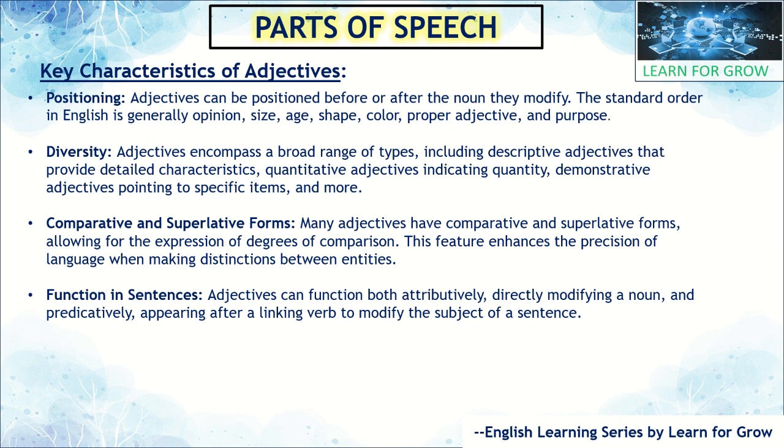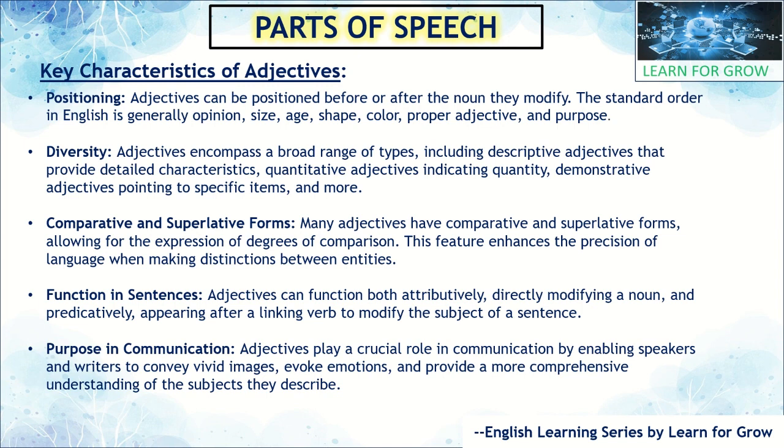Function in sentences. Adjectives can function both attributively, directly modifying a noun, and predicatively, appearing after a linking verb to modify the subject of a sentence. And the last one is purpose in communication.